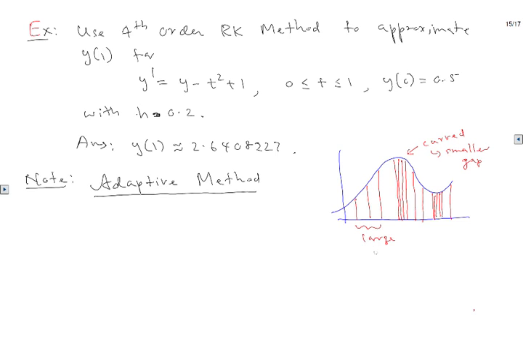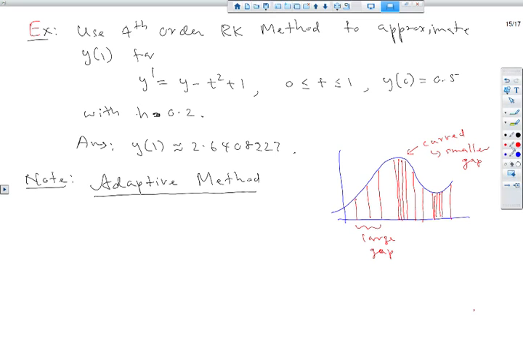This is what we call the adaptive techniques. We change the h value depending on the curve, and this is going to make the calculation much more accurate.